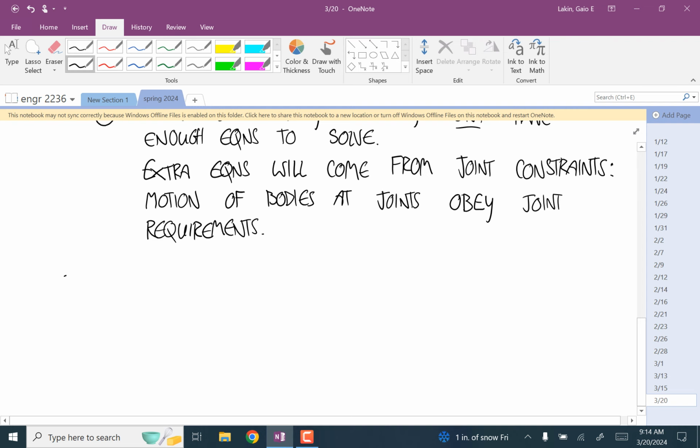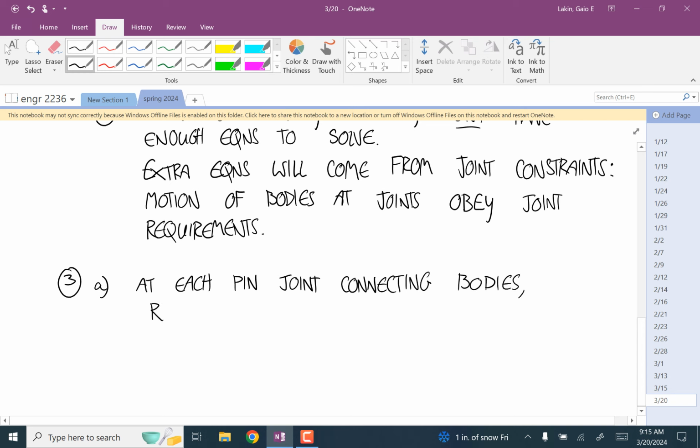And then the last step is, so first, at each pin joint connecting bodies, we're going to require the accelerations of that point on each body to be equal.